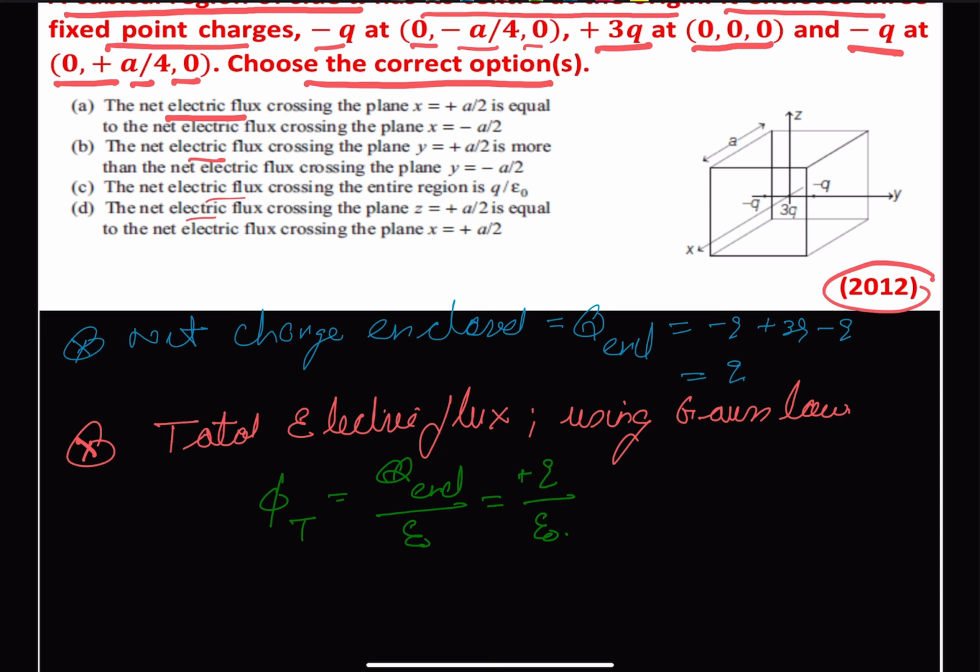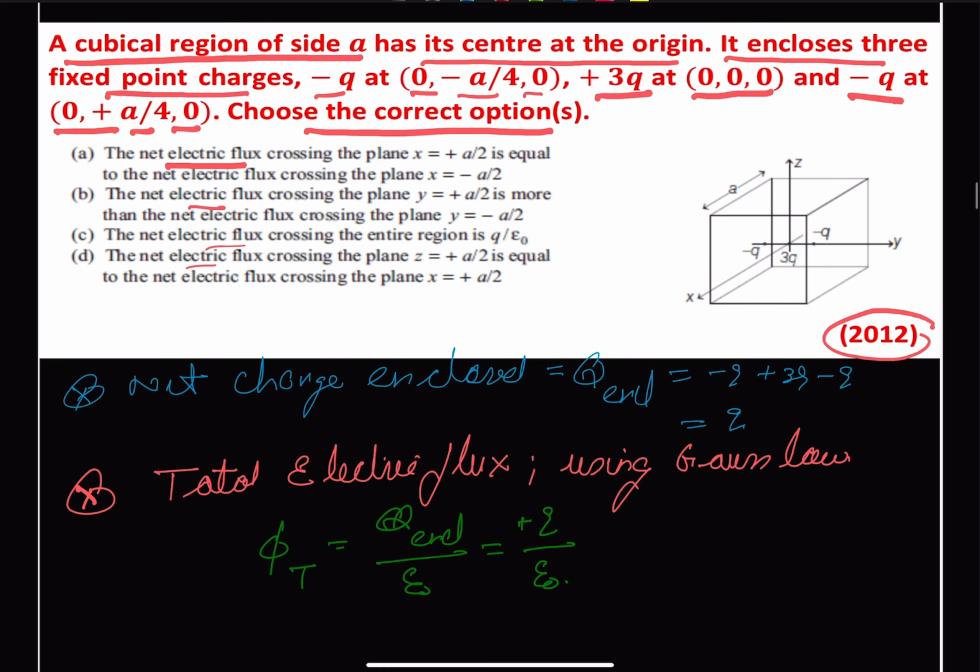Now we are going to find out what will be the net flux with respect to all the respective axes. And we have to remember that the center of this entire cubical region is at the origin.